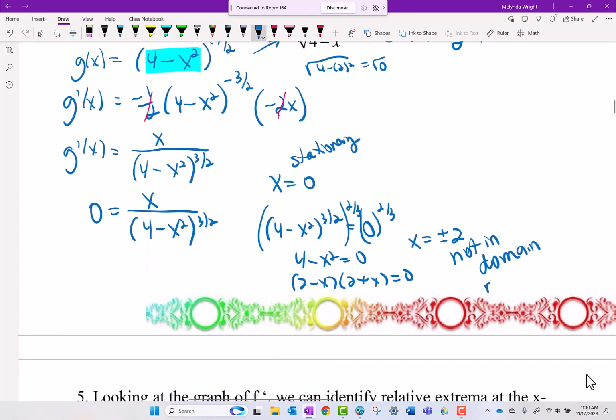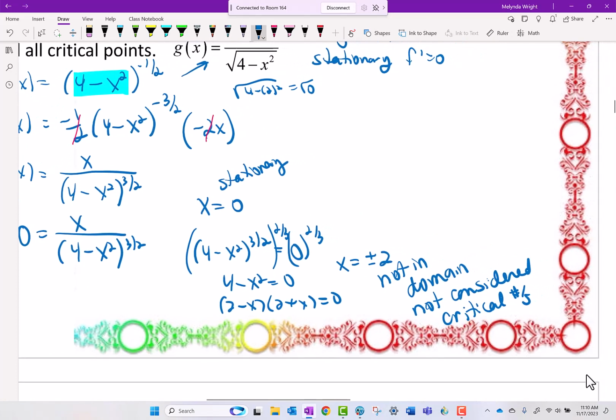So they're not considered critical numbers. Now, they are points of interest. And I'm going to just re-clarify. It's not that they're not important. They are points of interest.